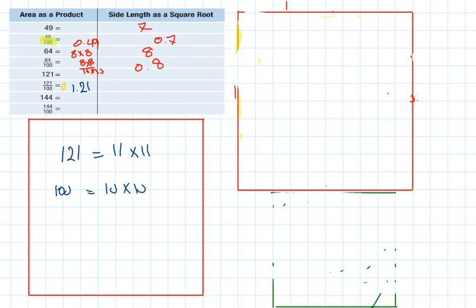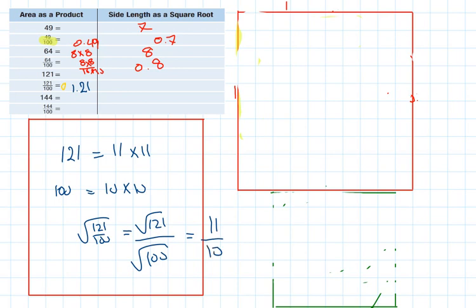So the square root of 121 over 100 is the same as the square root of 121 over the square root of 100, and that should be 11 over 10, or if you want to write it in decimal form, 1.1, or if you would like to write with fractions, 1 and 1/10.